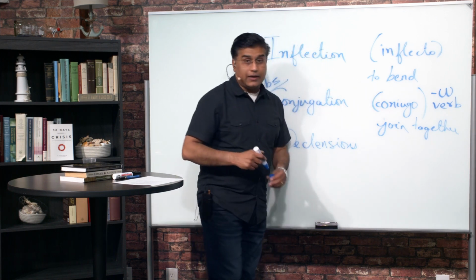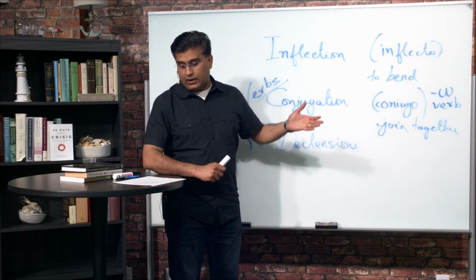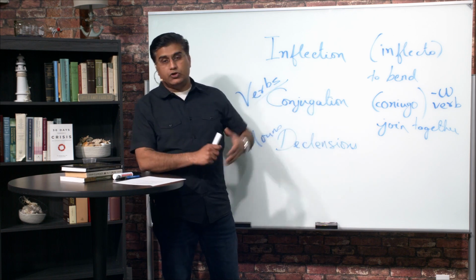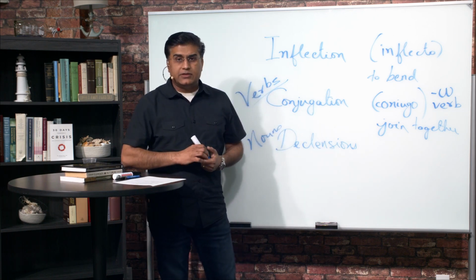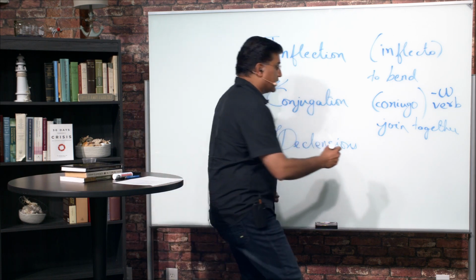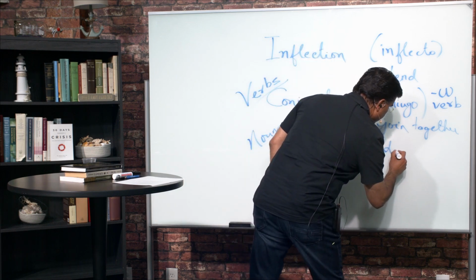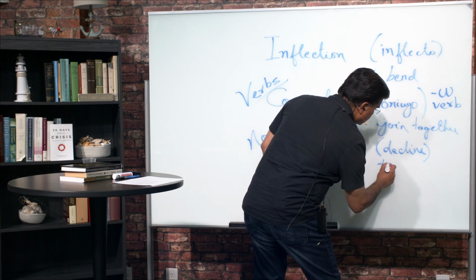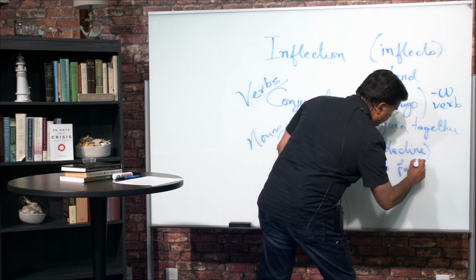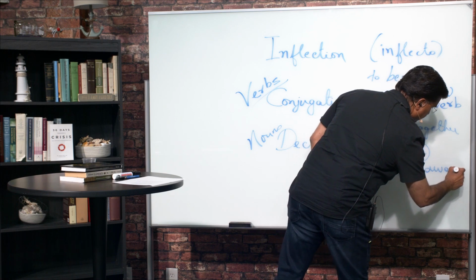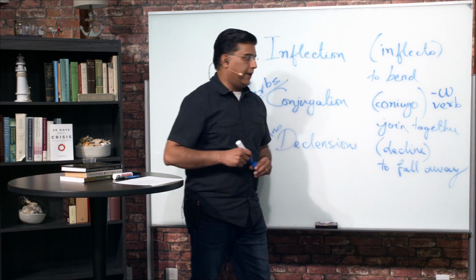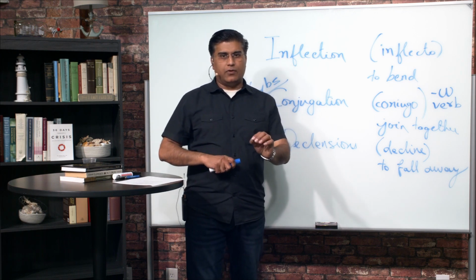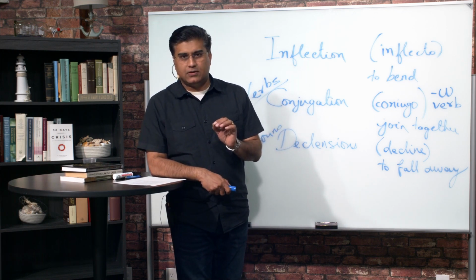Again, just like the Latin inflecto to bend or conjugo to join together, this is coming from the Latin word decline, which means to fall away. To fall away. Fall away from what? Fall away from the nominative case.